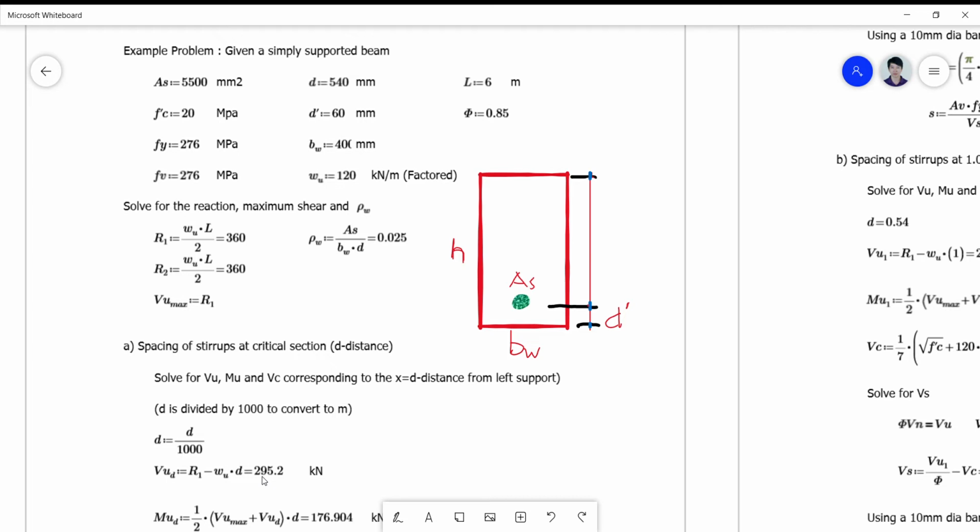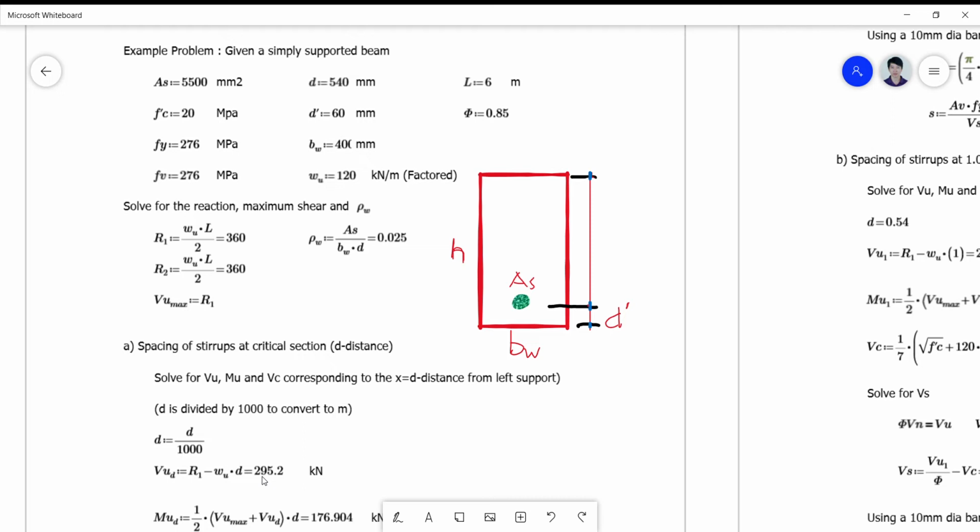So the given problem is actually a rectangular beam, and we are asked to solve first the spacing of the stirrups at the critical section.